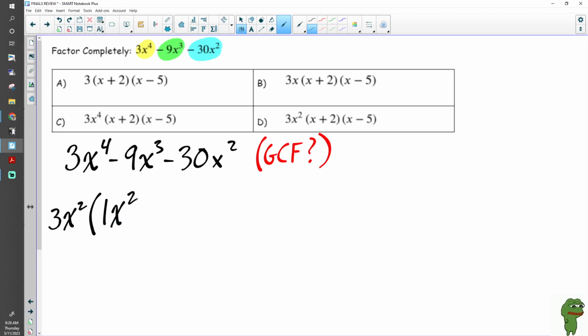We had x to the fourth, which means we had 4 x's. We took away 2 x's because it's x squared. We're left with x squared. Same thing. Bring down your minus. 9 divided by 3 gives me 3. I had x to the third, which means I had 3 x's, and I'm taking 2 away. So I'm left with just an x.